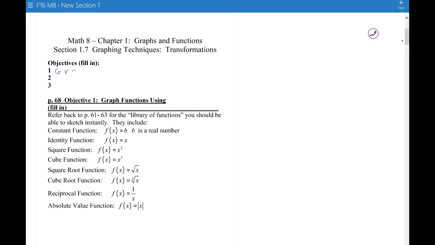So the first objective is to graph functions using vertical and horizontal shifts. The next one is going to be to graph functions using compressions and stretches.